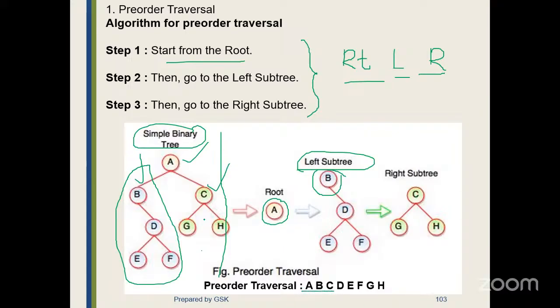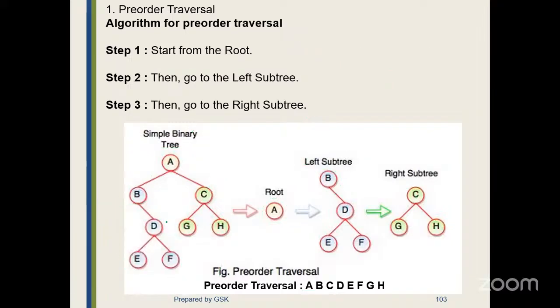Right? Now, this is over. Coming to this again, next level: D, E, F, G, H. When you visit D, root node first. Left node of this is E, right node of this is F. Left node, right node. Right?